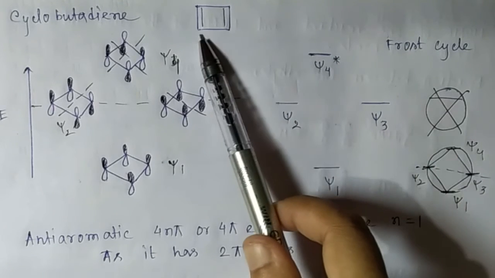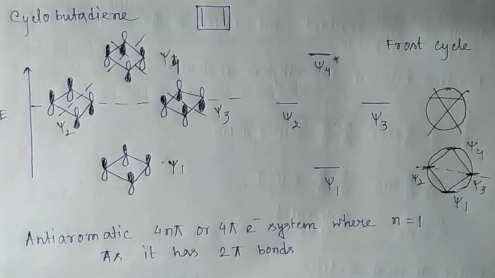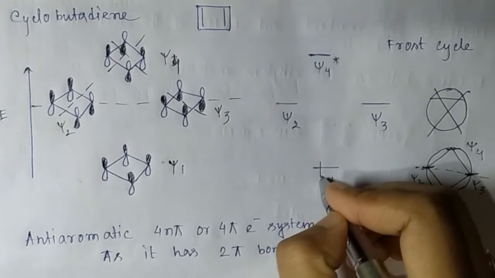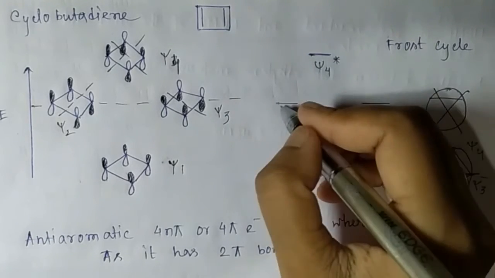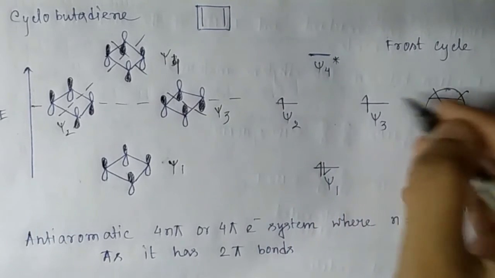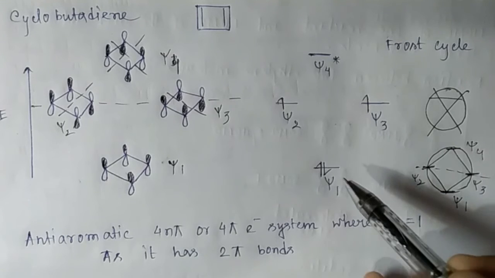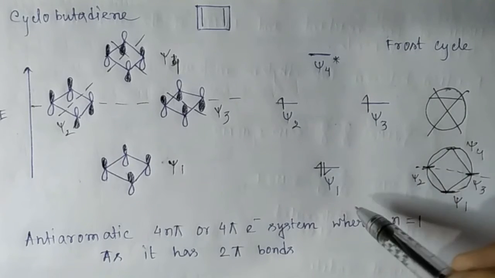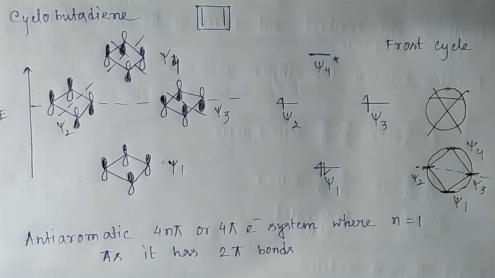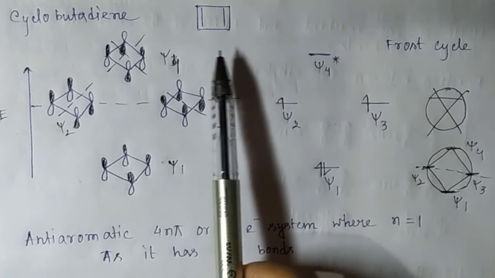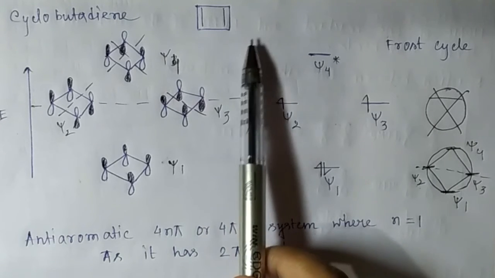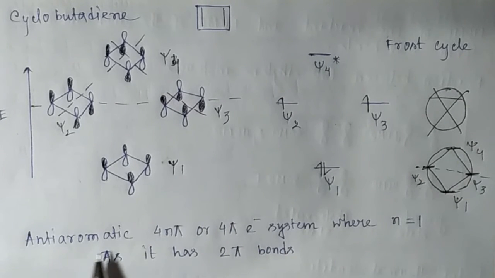So cyclobutadiene has 2 pi bonds, that is why it has 4 pi electrons, and following the rules of LCAO, linear combination of atomic orbitals, we draw the molecular orbital diagram of cyclobutadiene. Remember, cyclobutadiene has a 4 pi electron system. Okay, that is why it is anti-aromatic.